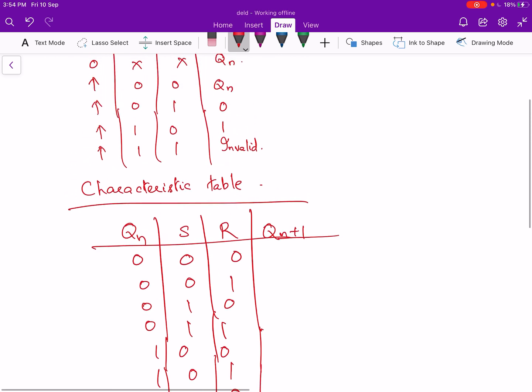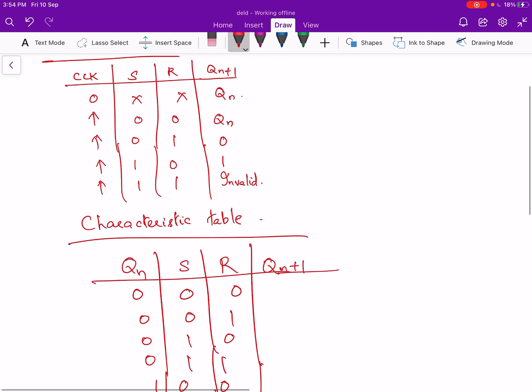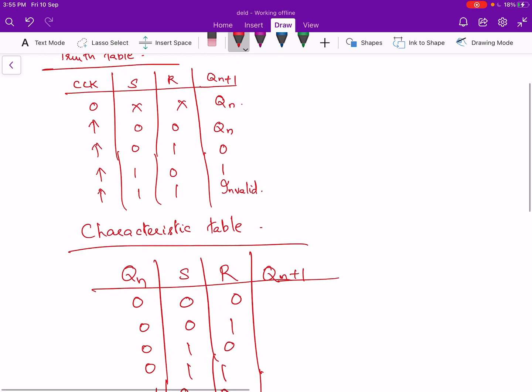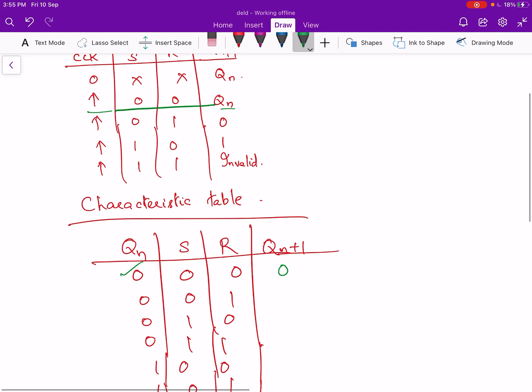So we will see what is Qn plus 1 corresponding to each condition. The first case is S is 0 and R is 0. So S is 0 and R is 0 means it is this condition, and Qn is 0, that is, the present state is 0. So the next state Qn plus 1 will also be equal to 0. We know that Qn plus 1 will be equal to Qn. So Qn is 0, so Qn plus 1 will also be equal to 0.